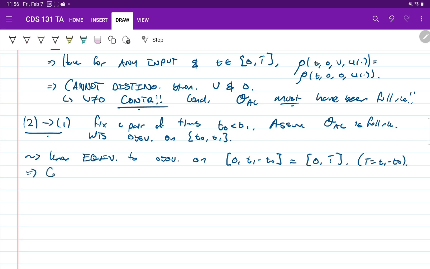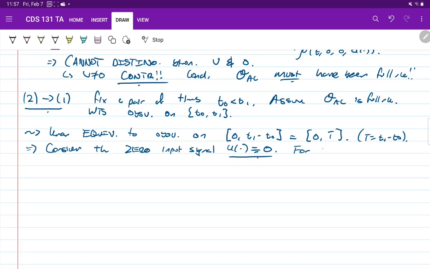So now I'll consider the zero input signal, which I'll call u, equivalent to 0. Now, for an initial state x0 belonging to sigma, my output will be of the form y of t equals C e^(At) times x0. This holds for all t in 0, t.